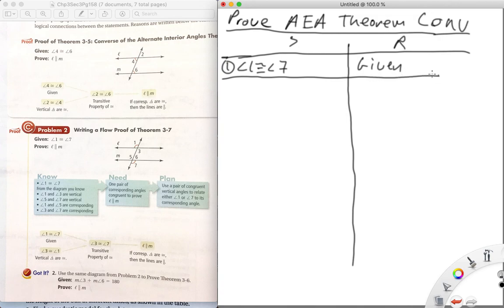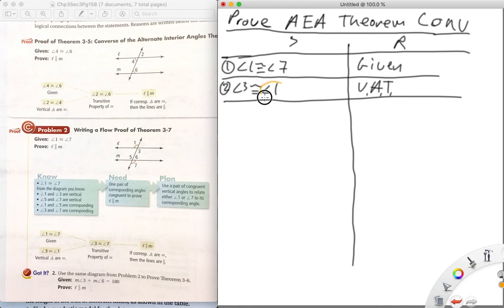Second step, if I look at 1 and I look at 3, I can say that they're congruent because they're vertical angles.